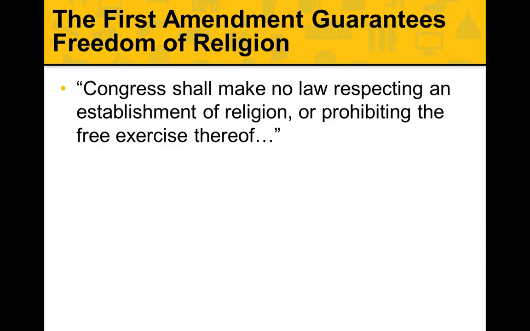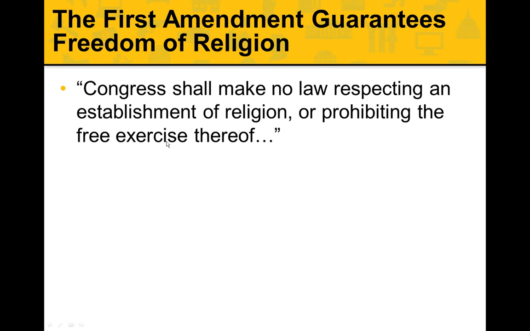There's really two parts here of the religion part of the First Amendment. No establishment of religion, this first part here, no law respecting an establishment of religion, and protection of free exercise thereof. So there's two parts. This no law respecting an establishment, that's restrictive.